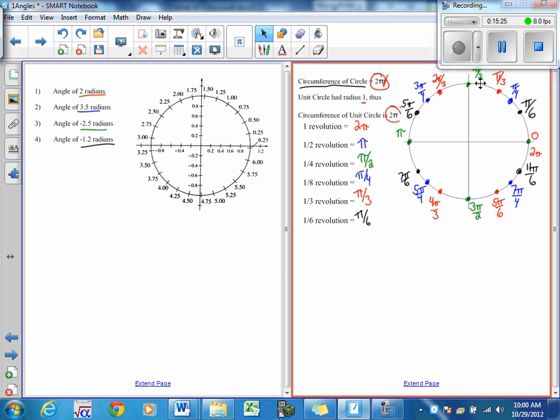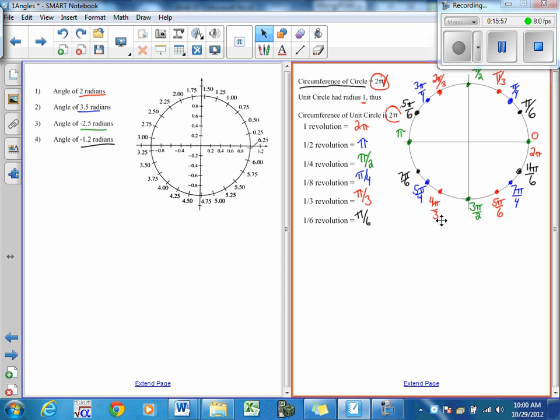If you looked at pi over 2, 3.14 over 2 is a little bit more than 1.5. You can see 1.5 is right there. 2 pi is 6.28, and 6.25 is right there. So you can see most of these are pretty close. 4 pi, 4 times 3.14, is a little bit more than 12.